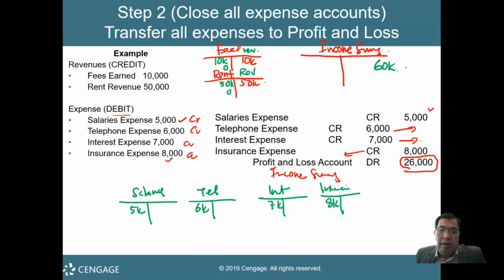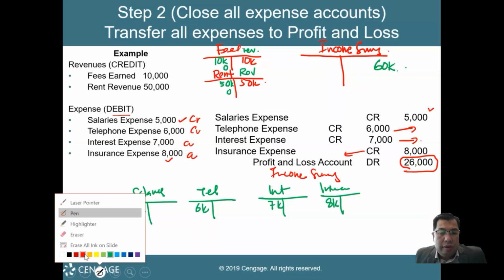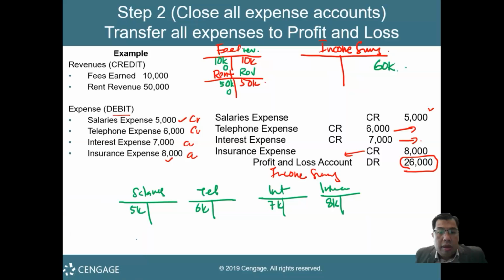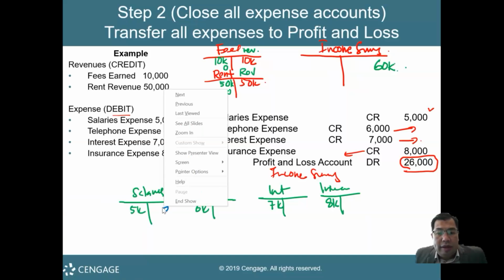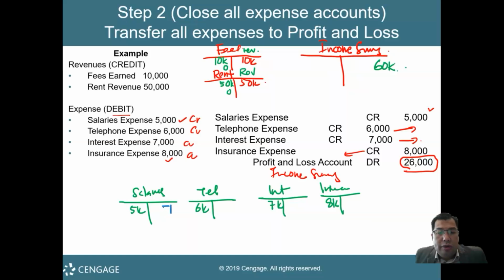How to close these accounts? You need to credit the account by 5,000. So which account are you going to debit? Use the temporary account here, 5,000. So the balance will be 0. For telephone expense, credit 6,000. So the balance will be 0.